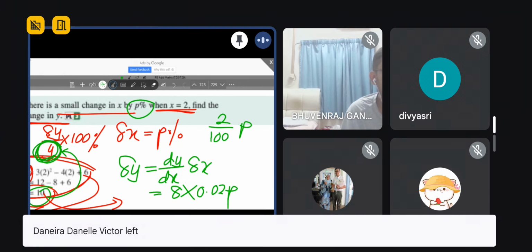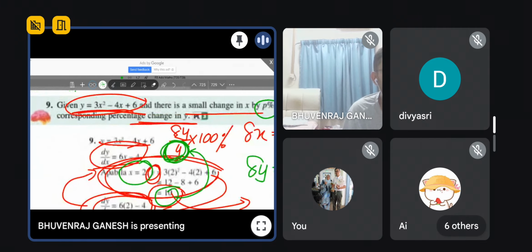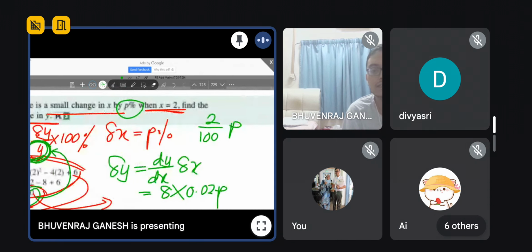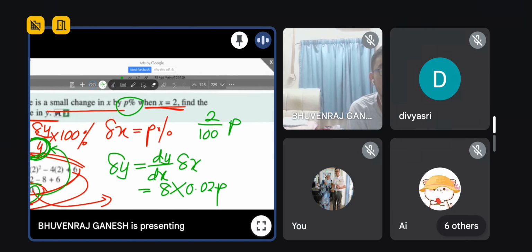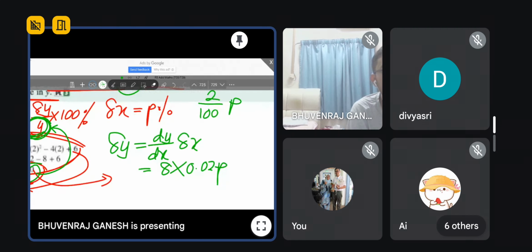Because the change in x value is p%, but then we need to substitute a value inside. So the value we have is x equal to 2. So we substitute 2%, but you still have to write the p because they say it changed by p%. So it's actually times 0.02p. If you count, you will get 0.16p.